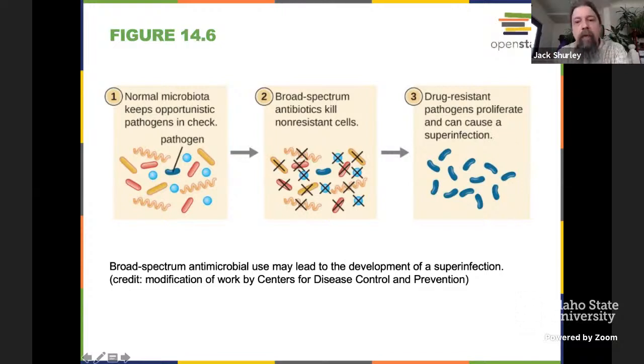So antibiotics targeting bacteria don't target the yeast cells. And it's the same sort of idea where you have low levels of them growing as normal flora, but now wiping out the specific types of bacteria allows the yeast cells to proliferate, similar to what we see right here with the super infection.